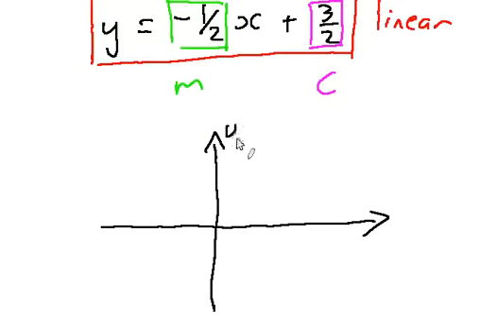This is our y, this is our x. Negative is going to be down here. We're looking at 3 over 2. That's our c. So we're going to have one point over there. Now, there are a few ways that you can go about plotting this. You can throw in any other value of x that you want and see what y comes out at.